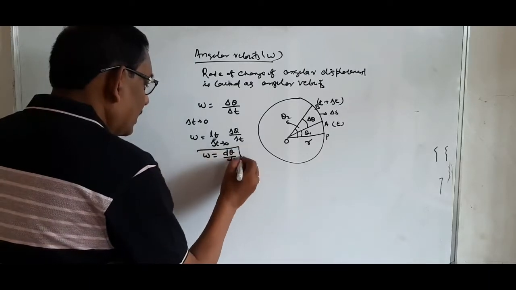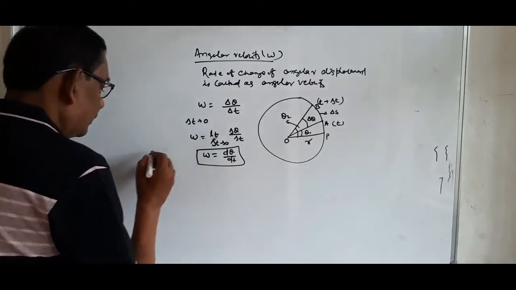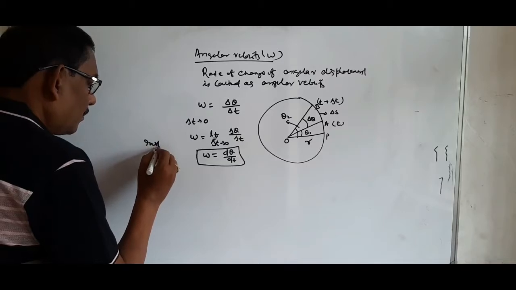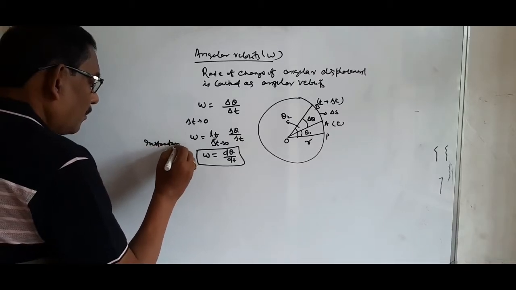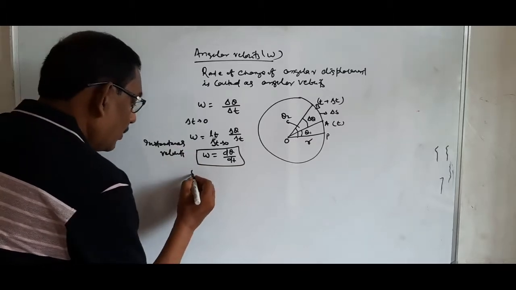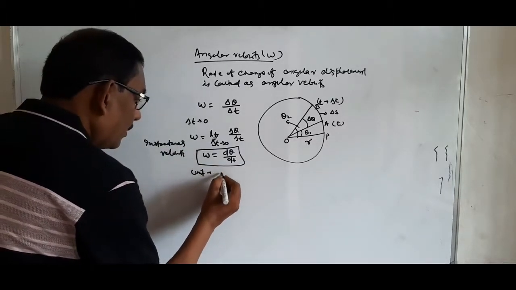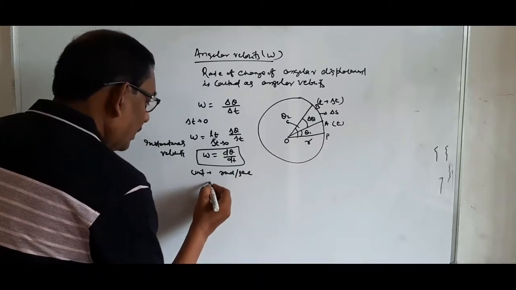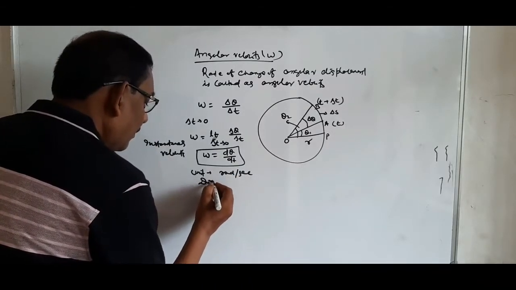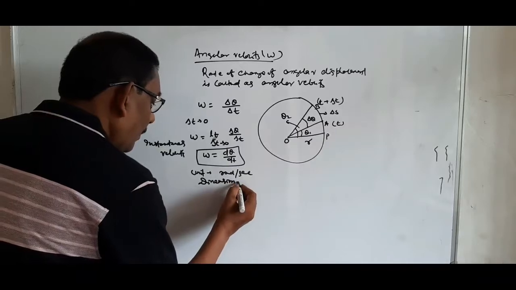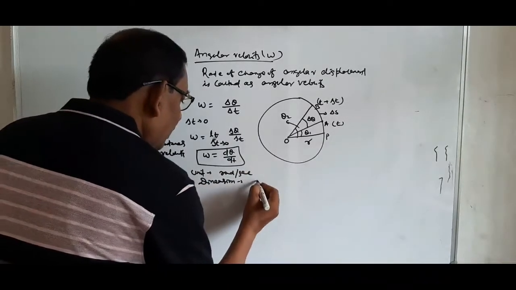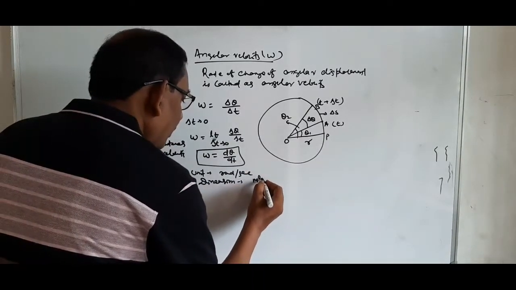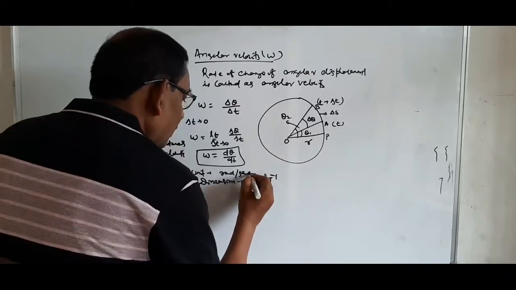This is called the instantaneous angular velocity. Unit: radian per second. Dimension: only M0 L0 T minus 1.